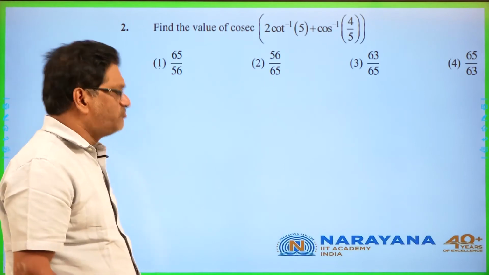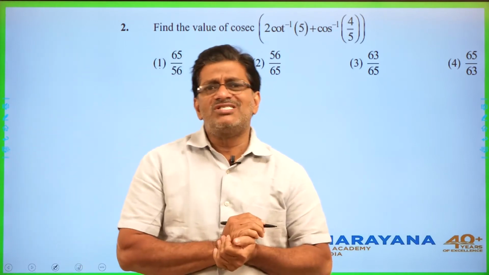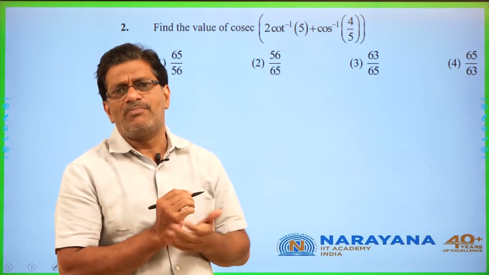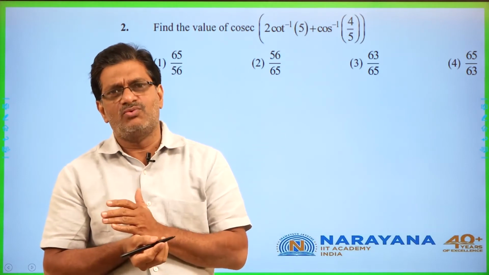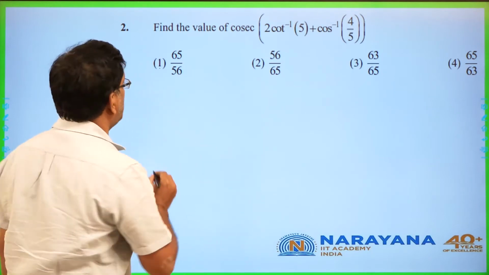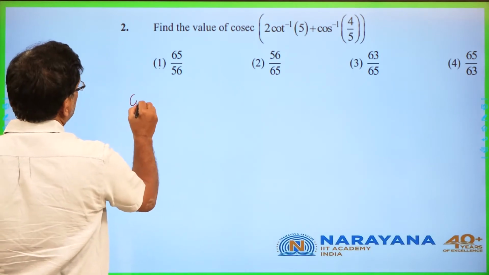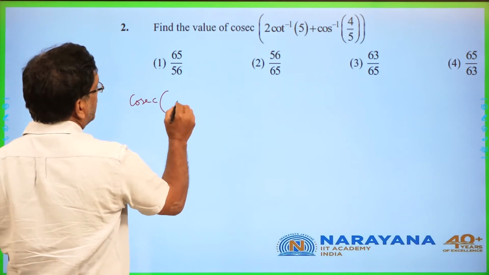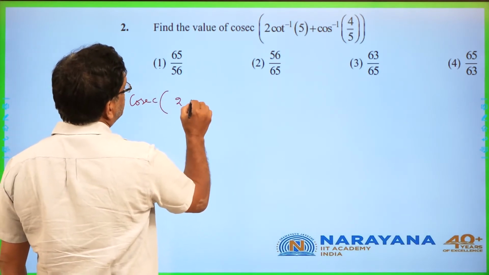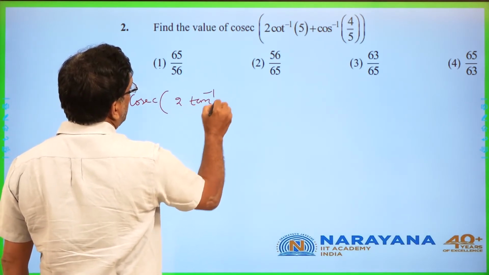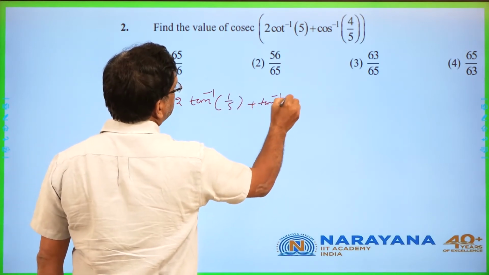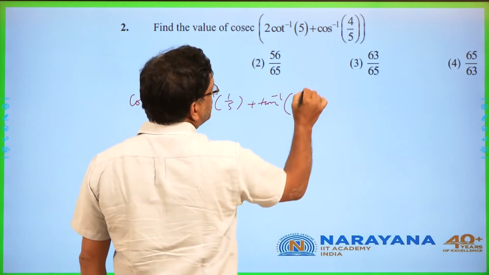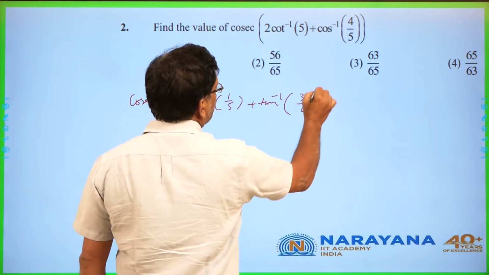Find the value of the inverse trigonometric function. In this type of problem, particularly, convert every term into tan inverse. Easily one can complete it. For instance, cosecant, keep it like that. 2 cot inverse can be written as tan inverse 1 by 5, plus this you can express in terms of tan inverse, that is 3 by 4.